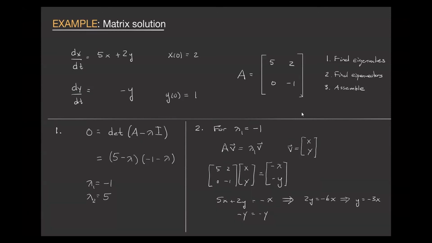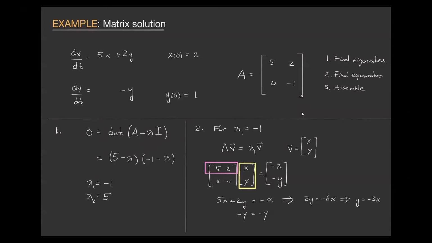And someone asked, why is there 2y rather than 2x in the top equation? Yeah. So what we do when we do matrix multiplication is we multiply row by column. So this is the row, and this is the column.